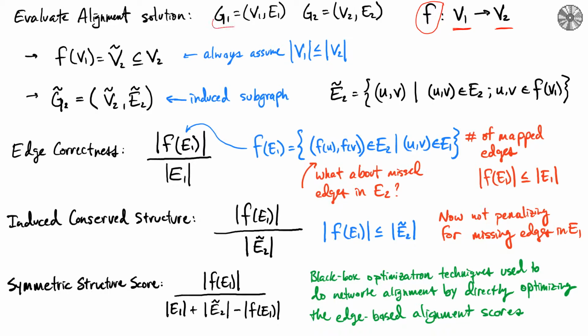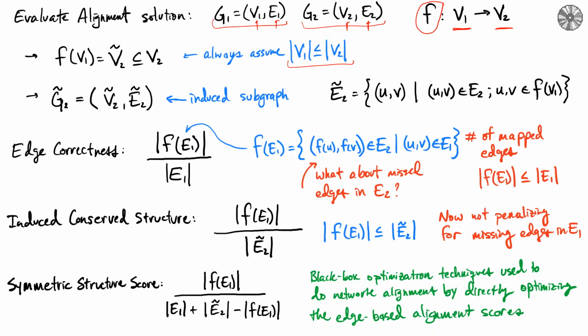So if we have two graphs, G1 and G2, with vertex sets V1 and V2 and edge sets E1 and E2, then we're going to assume in general that these two graphs could be of different sizes, but we'll always select G1 to be the smaller graph, the one with the fewer nodes.